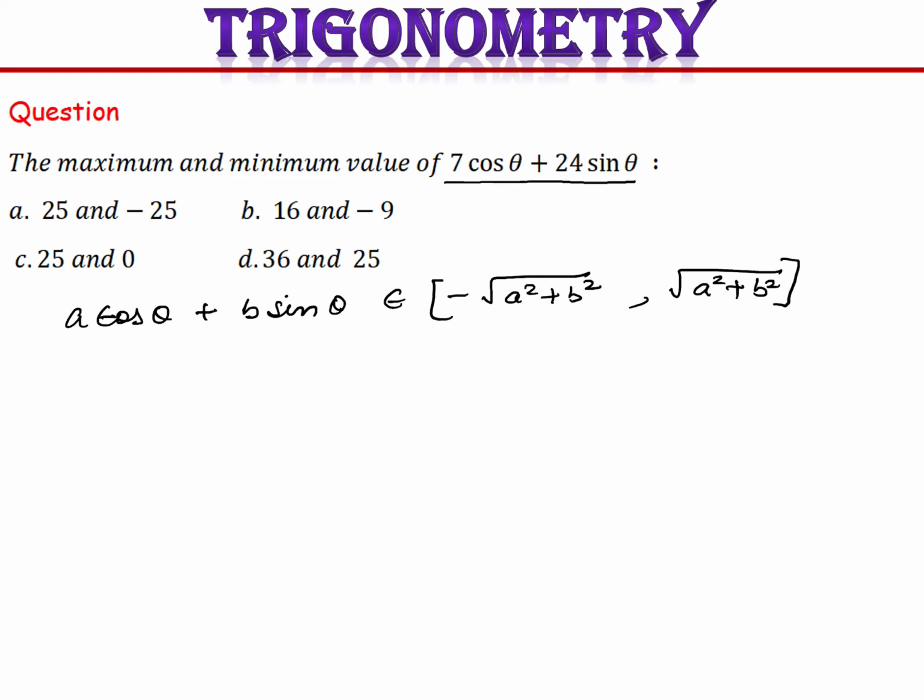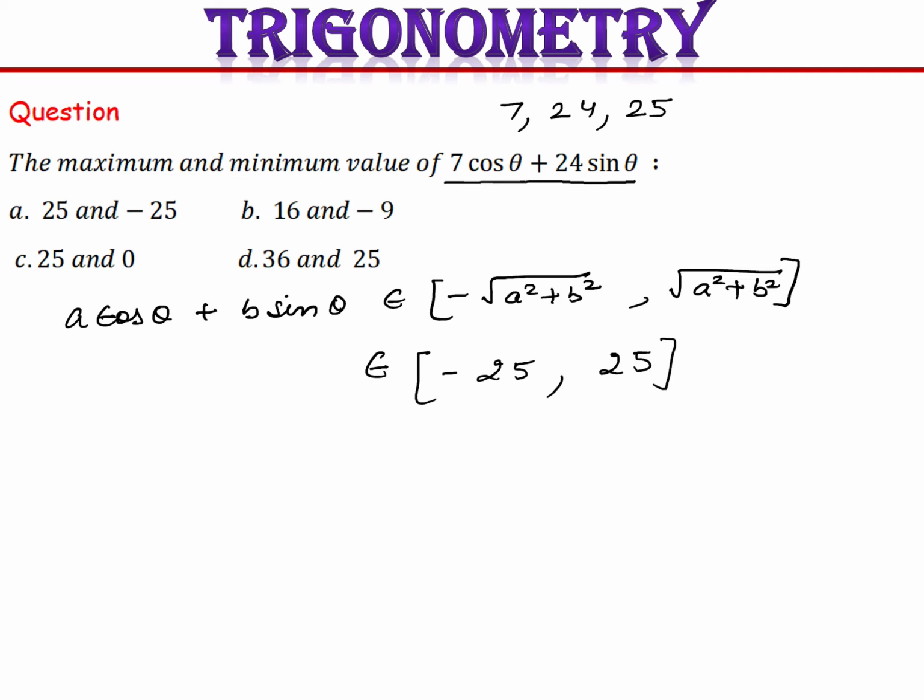So now you just find this value. A will be 7 and B is 24, and we should also remember that 7, 24 and 25 form a Pythagoras triplet. So I can write it directly over here, minus 25, and here also I can write 25, since I remember the Pythagoras triplet.